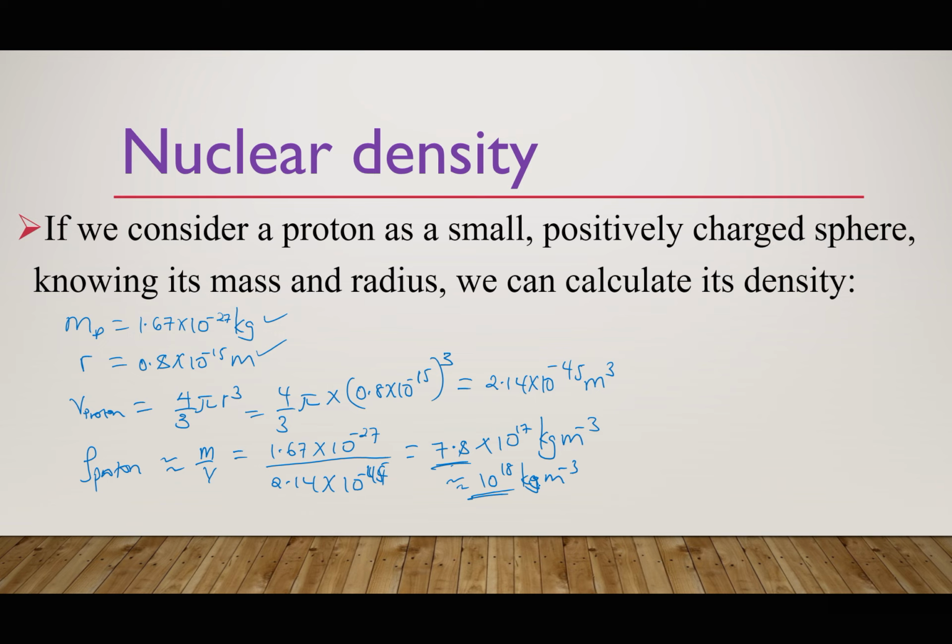So it means the atom's density is mostly concentrated at the nucleus, where the protons are found. If we consider a proton as a small positively charged sphere, and we know its mass and its radius, then we can estimate its density as shown here.